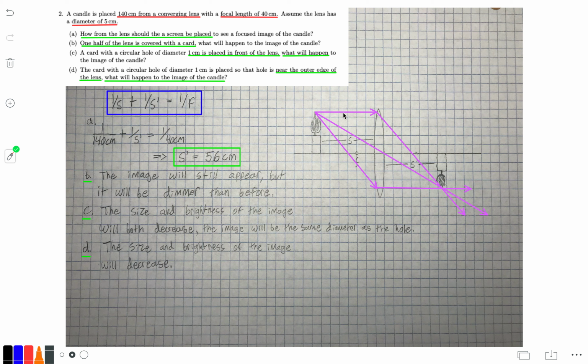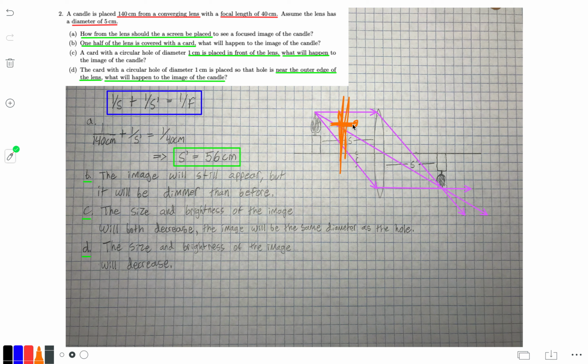As for C, we're imagining that there's a card that has a hole. It's just a small hole right here. And so the image will only be what is able to go through the hole, essentially.